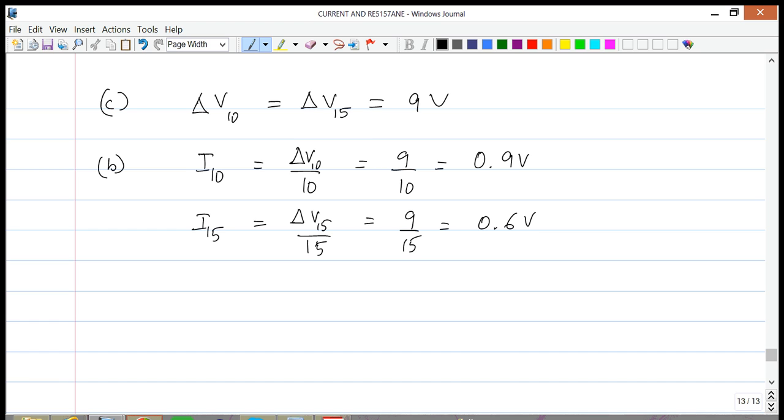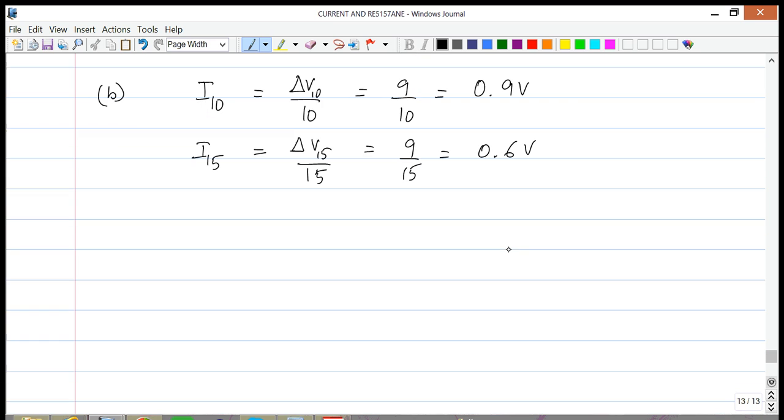Here you see that the lower resistance gets the higher current, which makes sense because the current wants to travel along the path of least resistance. The 15 ohm is a higher resistor, and hence it gets a lower value for the current. Now part D is P10.